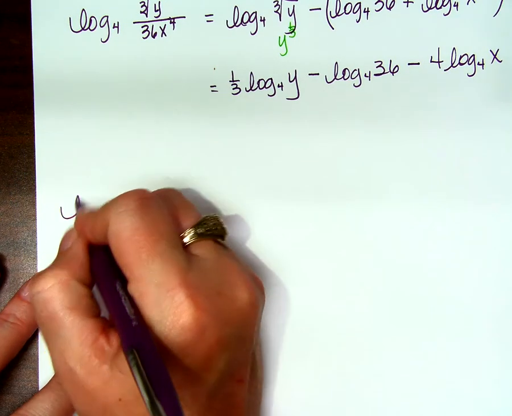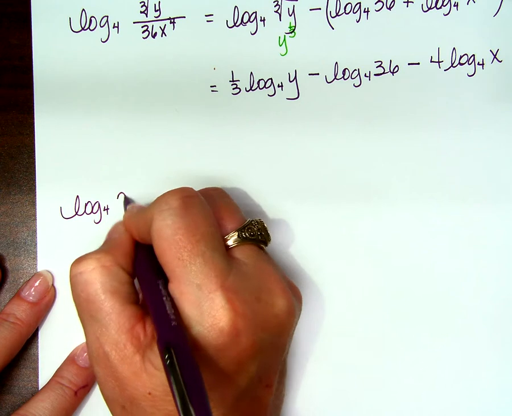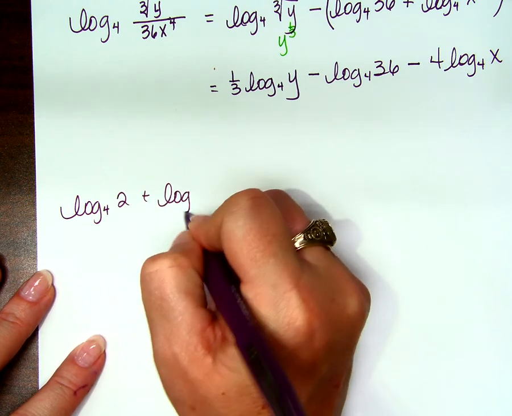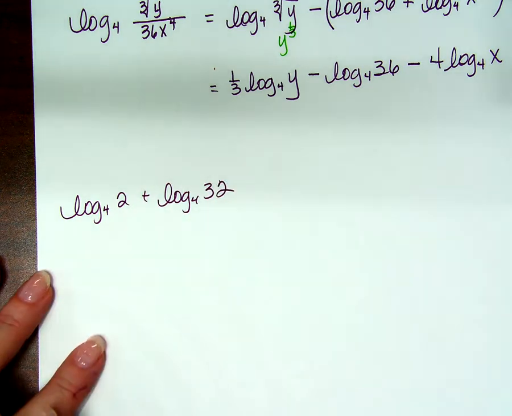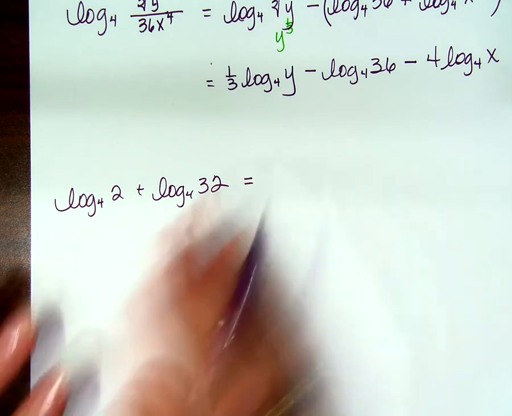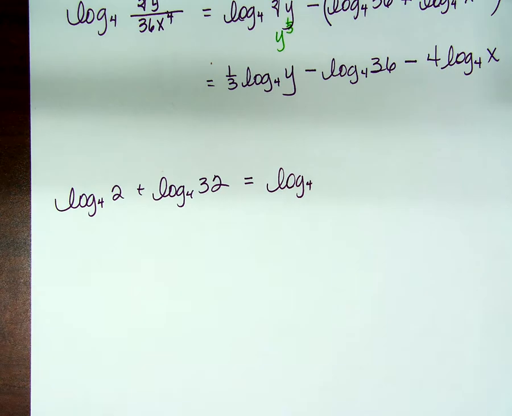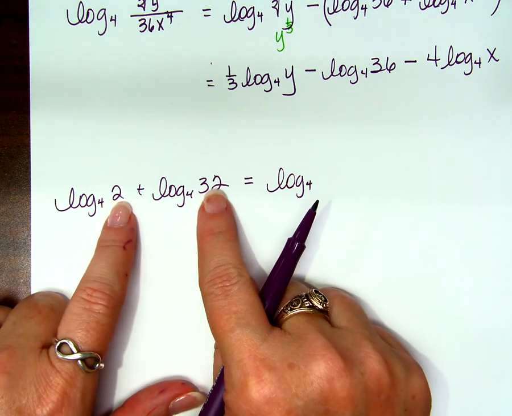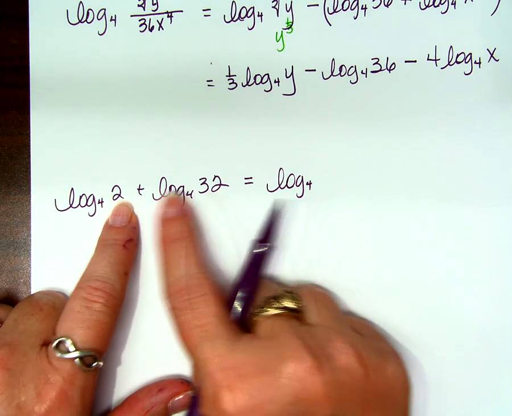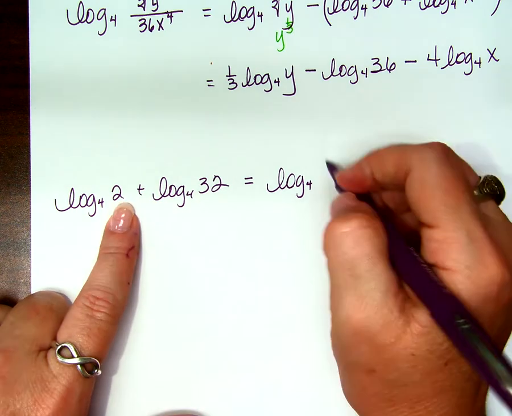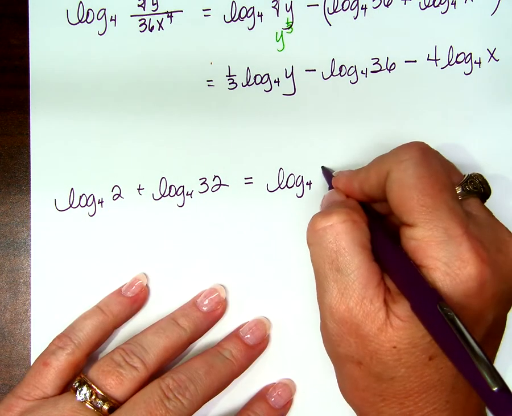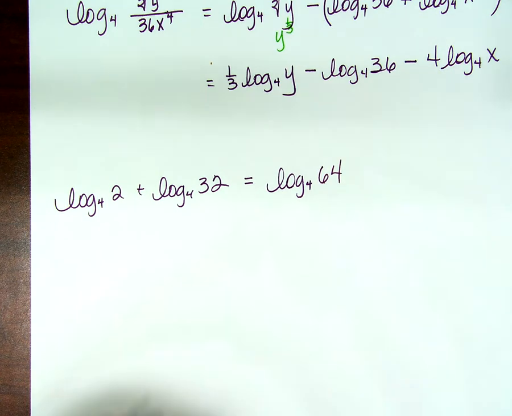Condensing, we start with log base 4 of 2 plus log base 4 of 32. That's where we start. When we condense, we only write log one time. What are we going to do with these two numbers right here? Because they're being added, we multiply. So what is 2 times 32? 64. Do you happen to know off the top of your head what log base 4 of 64 is?